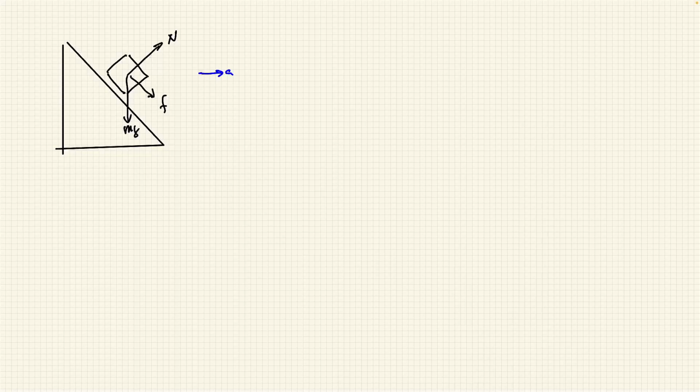So which way do we want to set up our coordinate system? What do we always follow? We follow the acceleration, don't we?